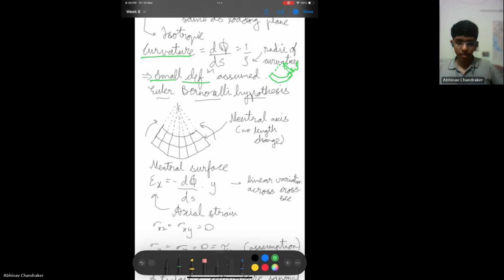The solution for pure bending loading was first given by Euler-Bernoulli, and it's called the Euler-Bernoulli hypothesis.